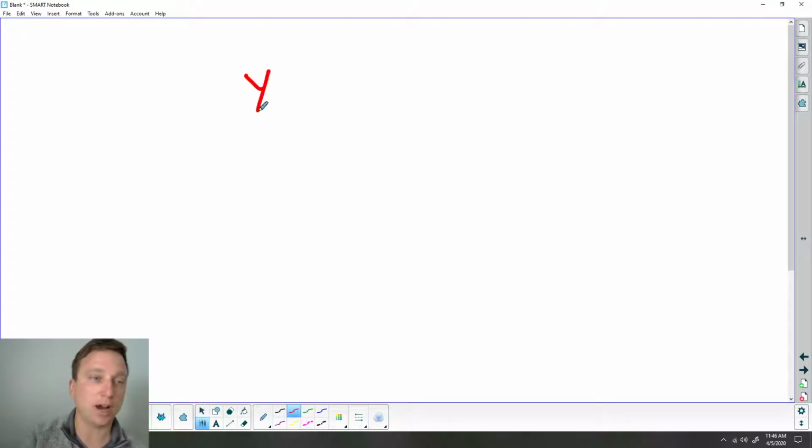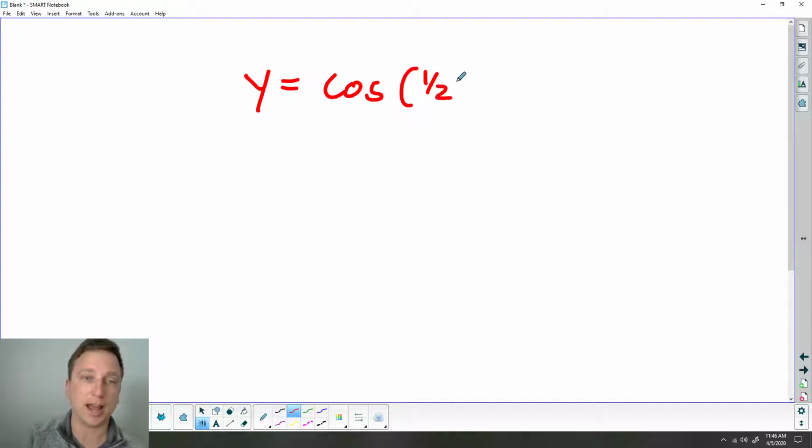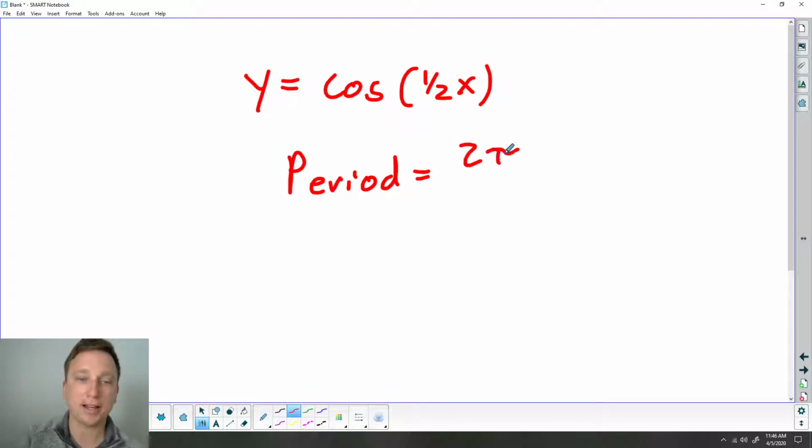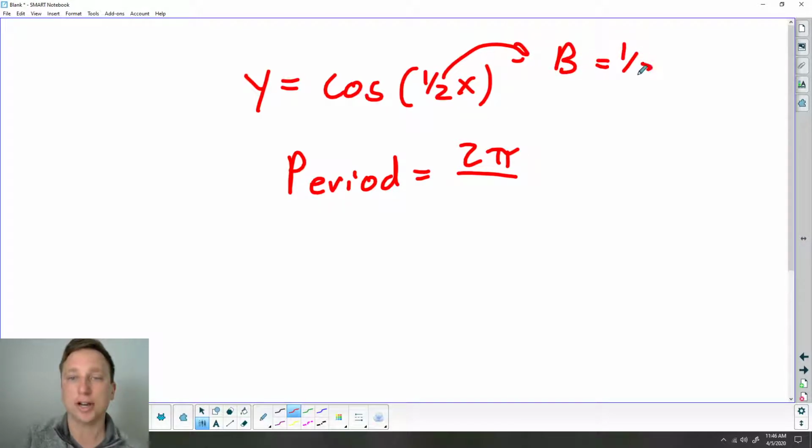So if we consider y is equal to cosine of 0.5x, that's actually 1/2 x without the other transformations occurring. We know how we find our period. We take 2 pi and we divide it by b. Well, in this case, b is equal to 1/2, so 2 pi divided by 1/2.